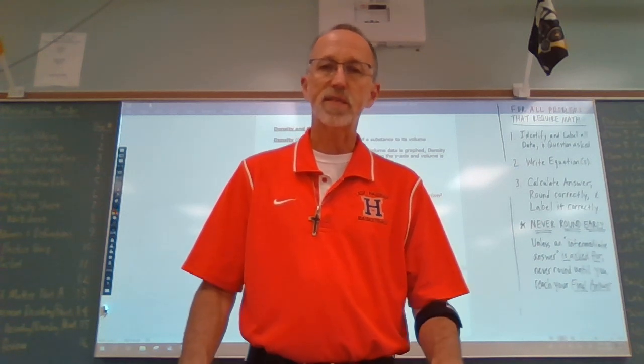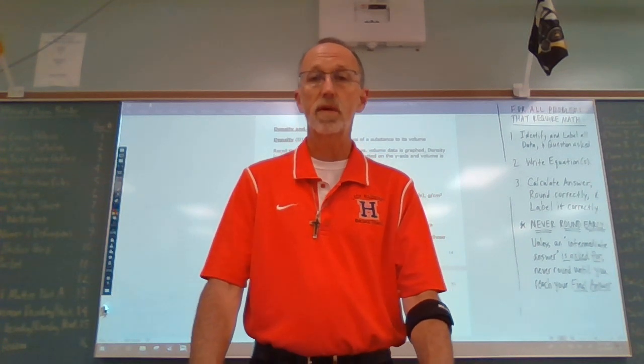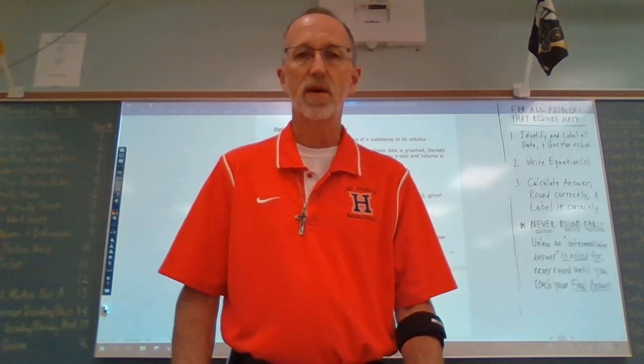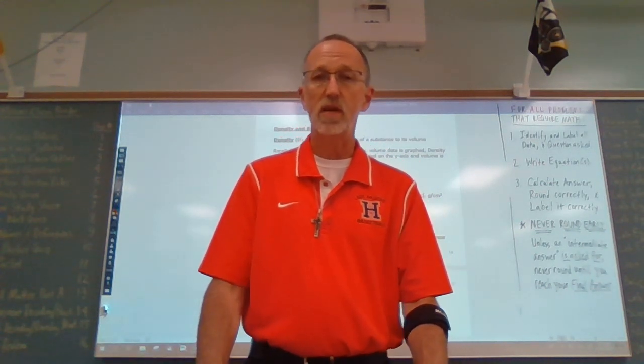In the case of a mass versus volume graph, the change in y is mass, the change in x is volume, and the ratio between those two is density. Thus the slope of the line on a mass versus volume graph is equivalent to the density of the substance. You need to remember that. And the equation for density, D equals M over V, is derived directly from that graphical relationship.